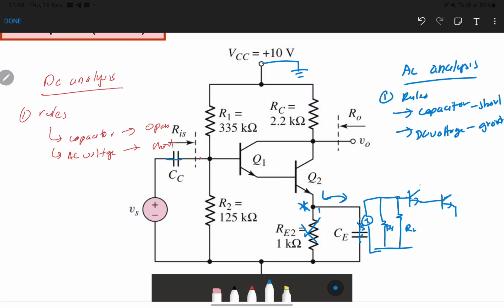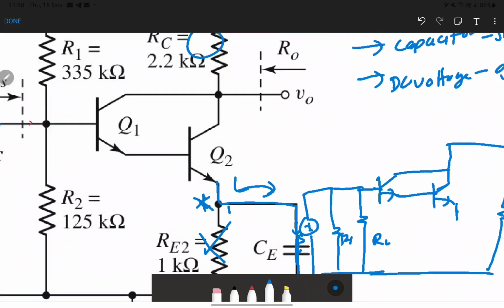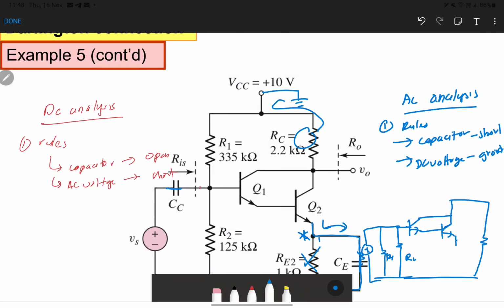Alright, and then the collector of transistor 1 is connected with the collector of transistor 2, and then it connects with the RC connected to the ground, and our emitter leg goes directly by the shortcut way, bypassing the resistance RE, and we have V out.